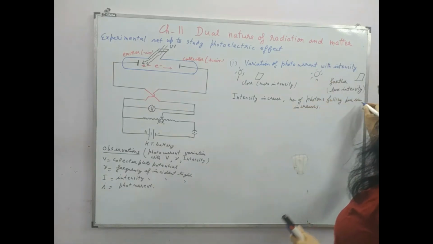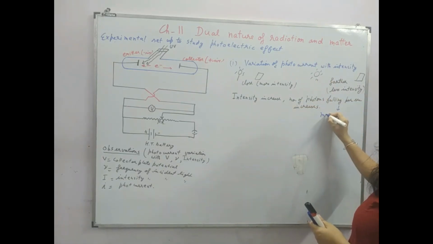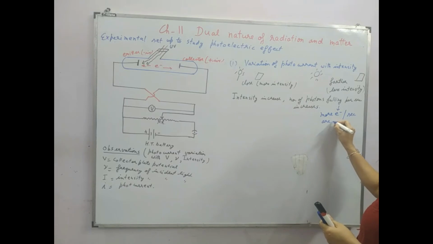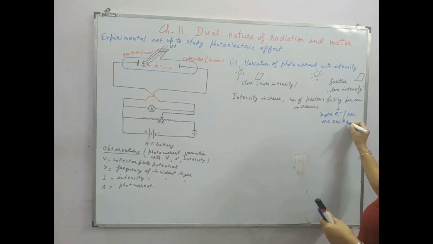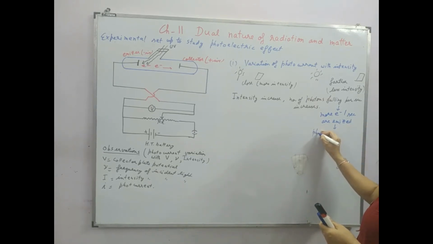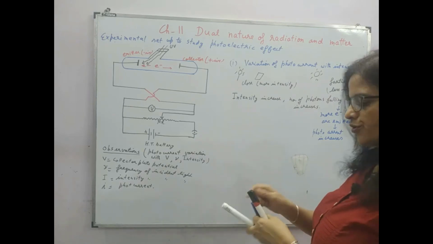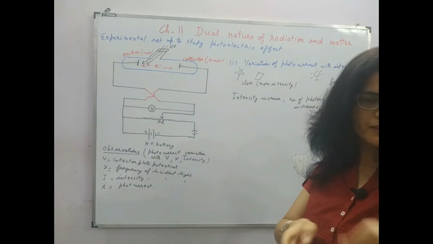So this results in more electrons emitted per second. What does that mean? This means photocurrent increases, right?